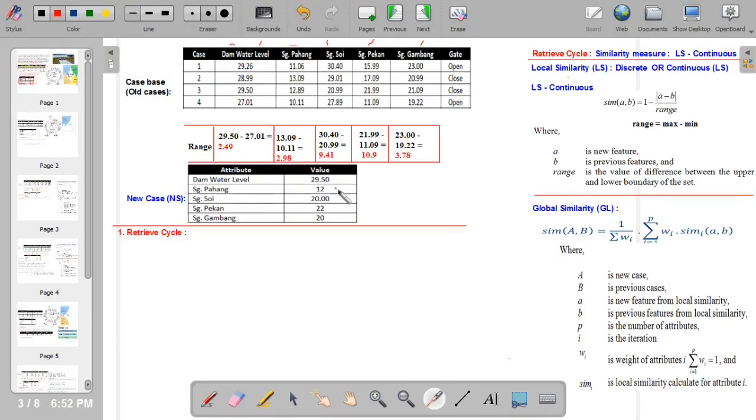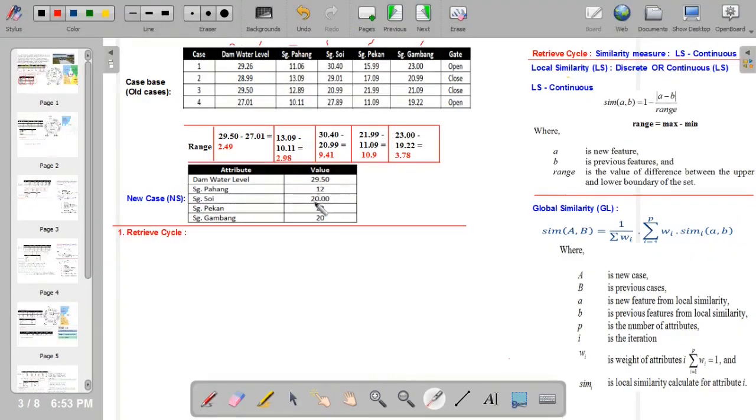Firstly, I am going to find the similarity between the first attribute, which is the dam water level attribute value, 29.15 of the new case, with case 1, which has the dam water level value of 29.26.